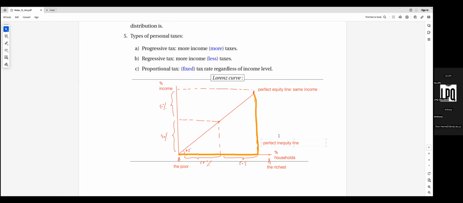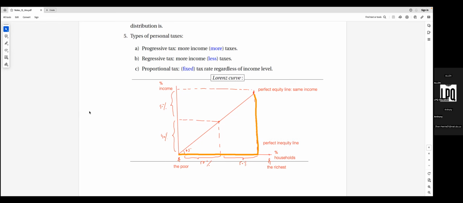Perfect inequality line means the richest person in your country can control 100% of all the income. So this is another extreme case, right? It is the perfect inequality line.